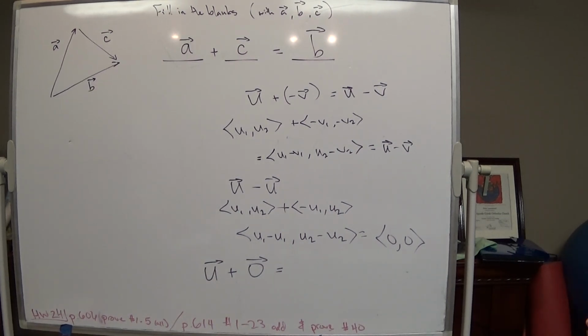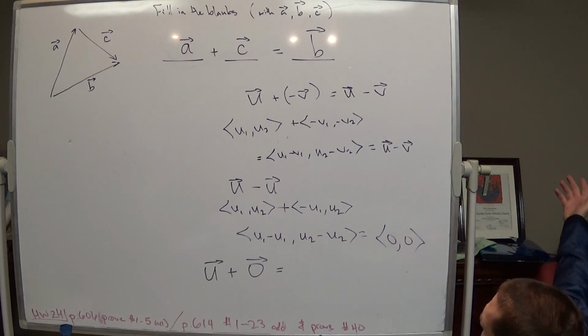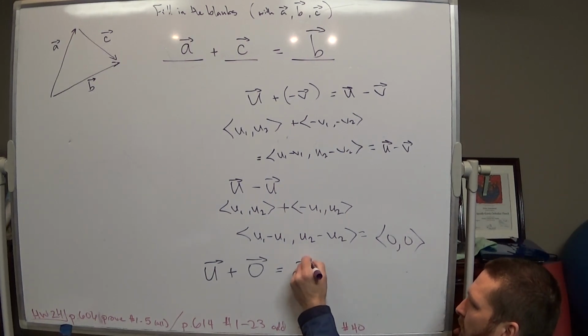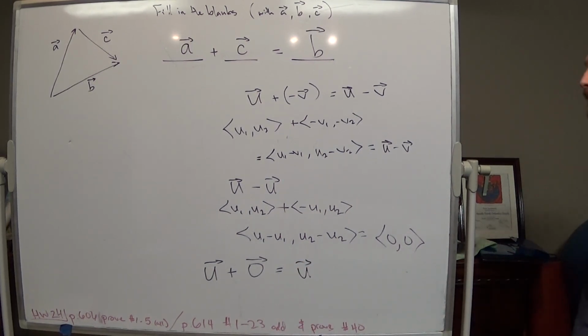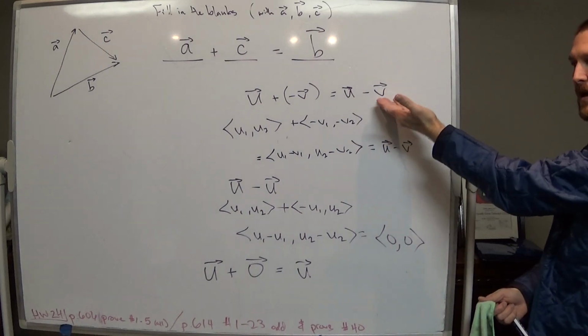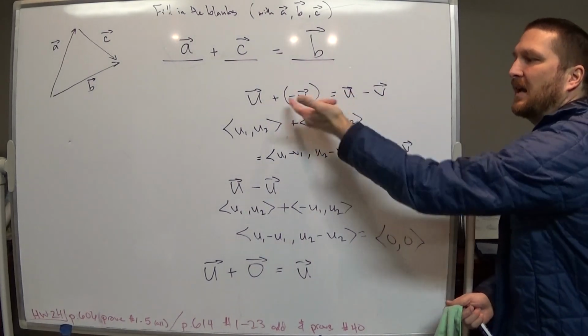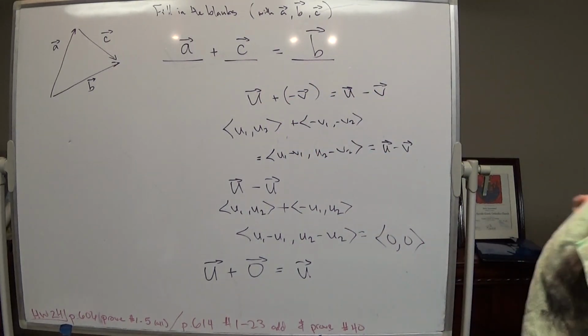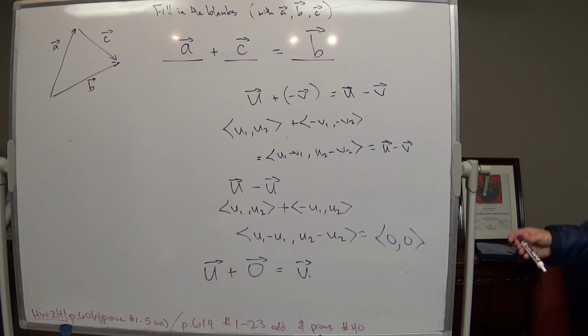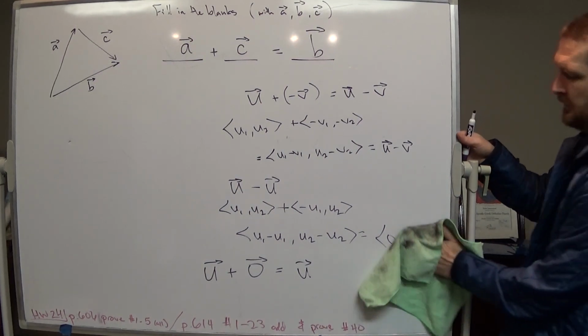So u plus the zero vector is equal to u. This is just stuff we really didn't even need to say. Vector subtraction is defined by saying just plus the negative of whatever you're subtracting. If you subtract a vector from itself, you get the zero vector.